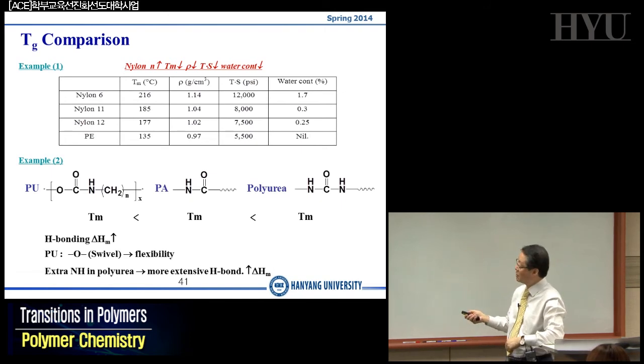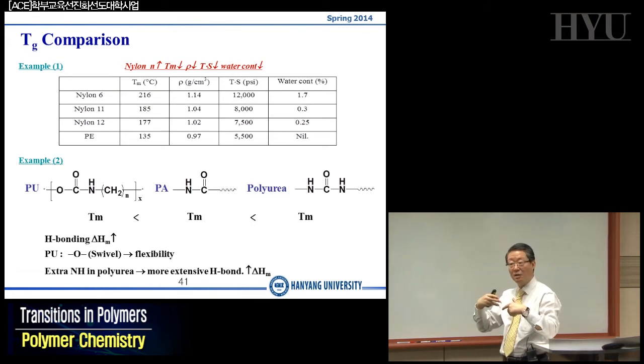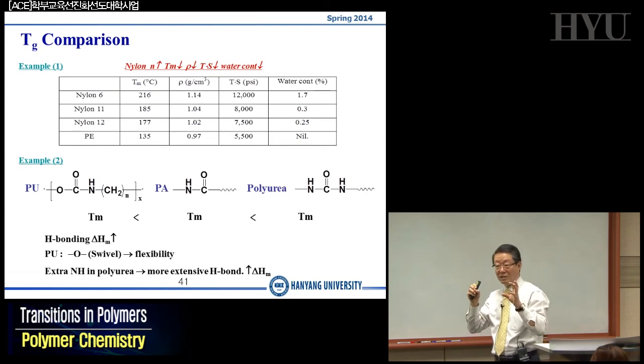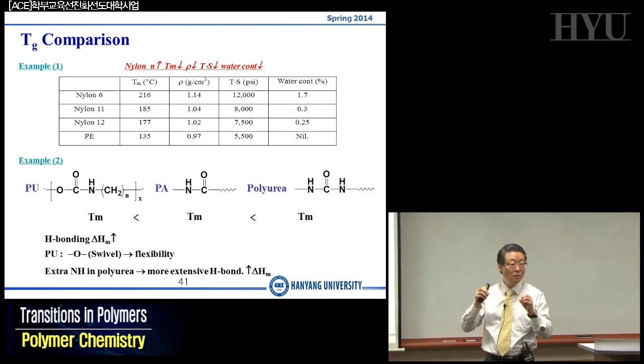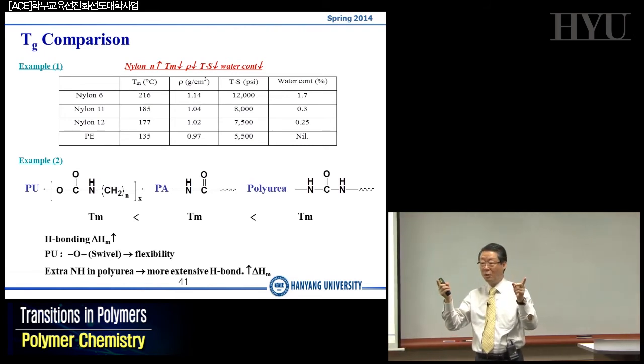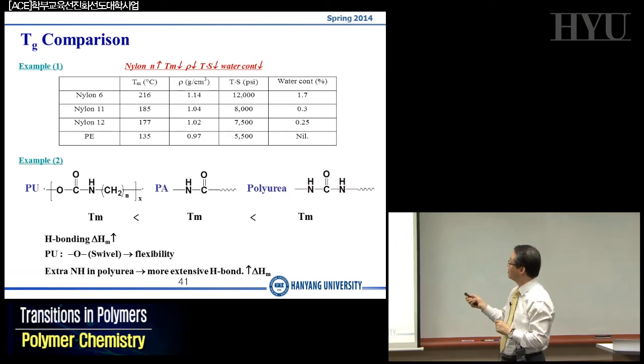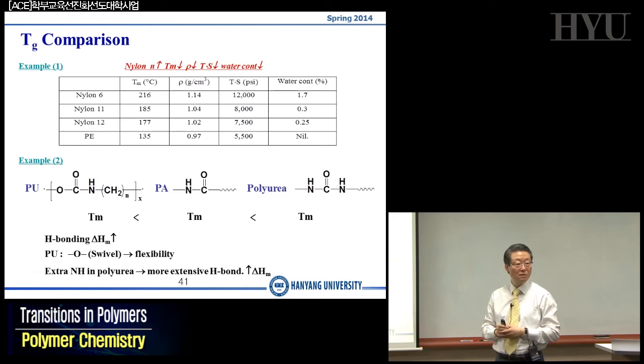If you have higher hydrogen bonding forces between the chains, meaning a low number in the nylon, you have a high melting point, high density, high tensile strength, and high water content, because you have a high density of carbonyl and NH groups. Carbonyl and NH groups can also have hydrogen bonding with water. Therefore, your water content is much higher compared to other nylons, right?